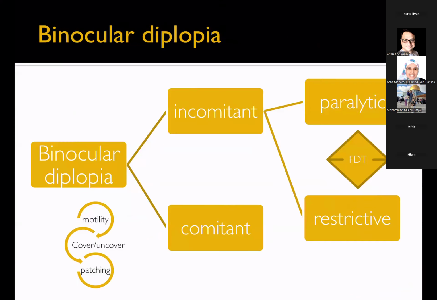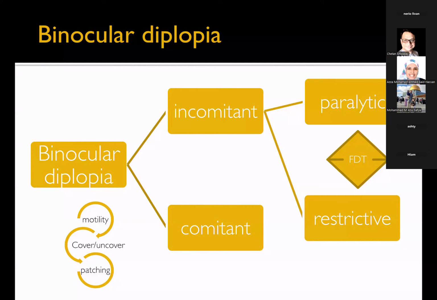The binocular diplopia can be comitant or incomitant. The incomitant can be differentiated into paralytic and restrictive by using the force reduction test, as we mentioned. The comitant cause of binocular diplopia is usually due to decompensated phoria or vergence paresis or paralysis.